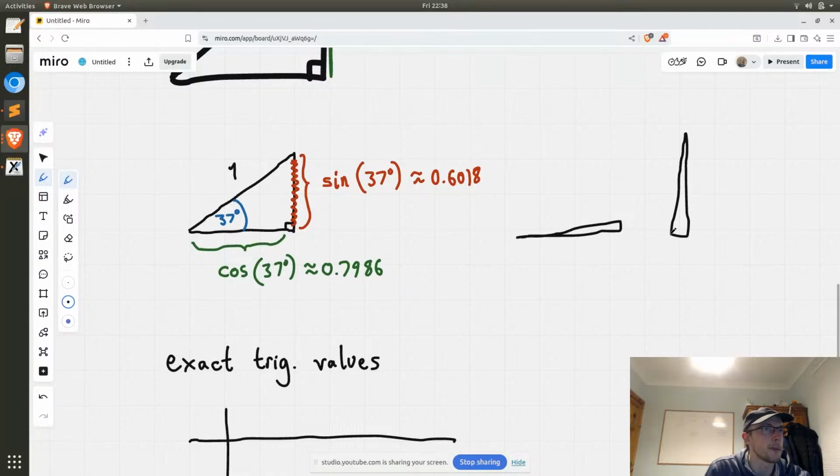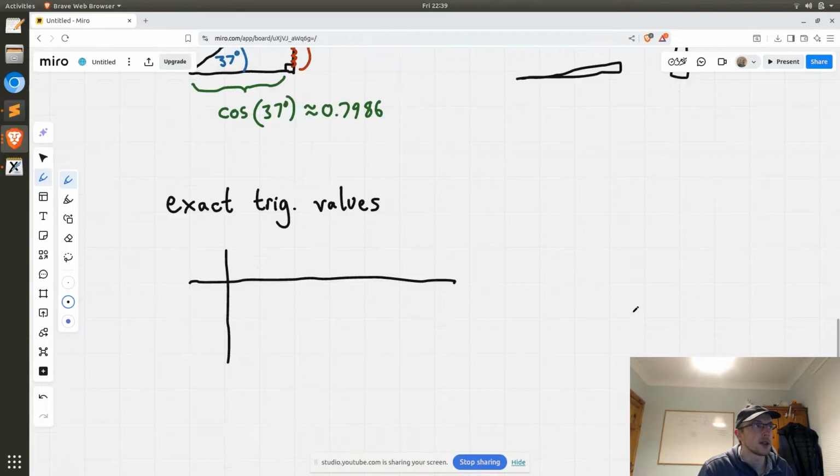But in maths, we consider the extreme cases as legitimate. So if it was literally 0 degrees, then that opposite side would shrink down to 0 itself. It would be 0 units long.